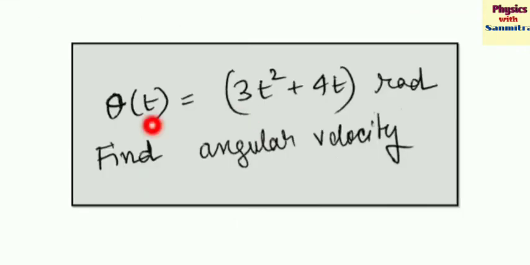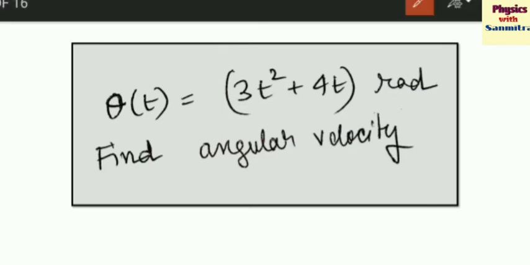Now our question is, I have been given theta of t, the angular displacement as a function of time, that is 3t square plus 4t radian. Find the angular velocity. This is a very simple question. I will be finding d theta by dt, that is angular velocity or angular speed, whatever you can say, because I am not mentioning the direction, it will be angular speed.